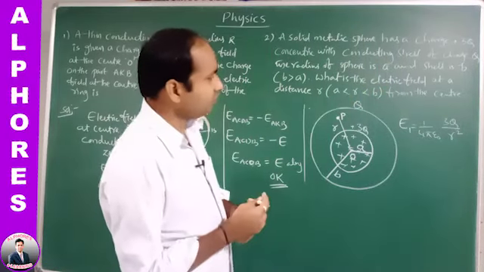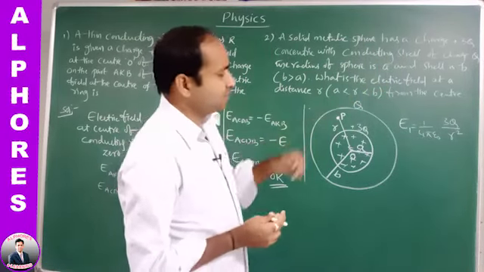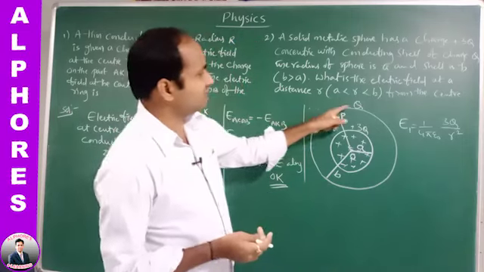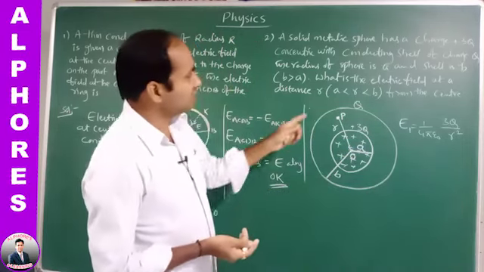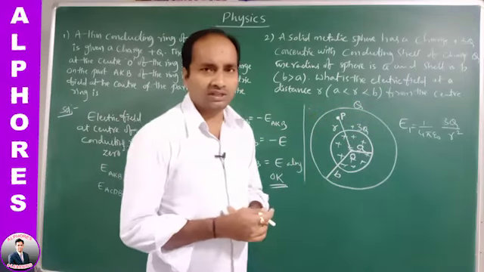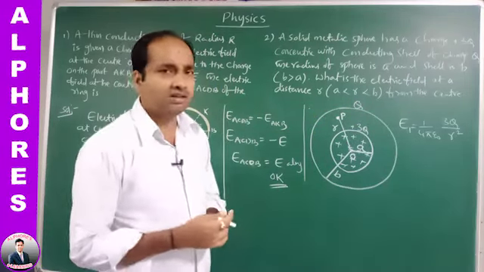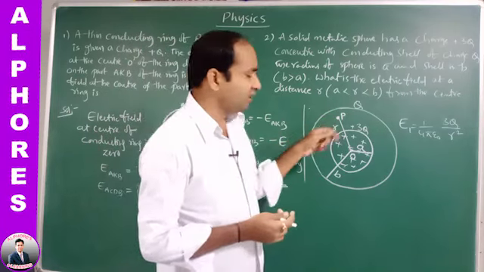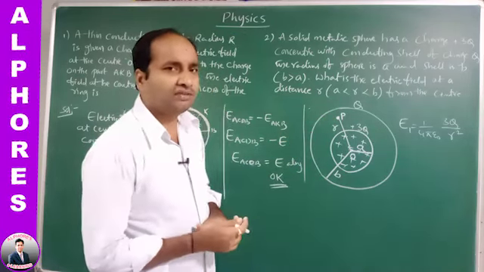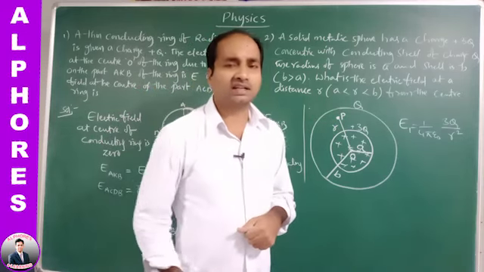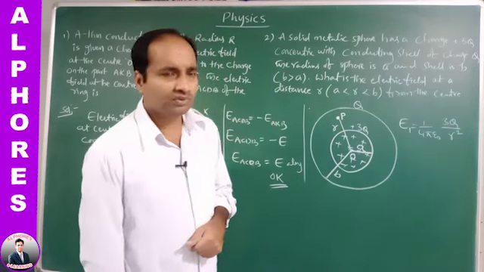Now, at this position we should consider the hollow sphere, the shell. The charge resides on the surface only. Whenever we are calculating the electric field, the electric field intensity at any point inside the conducting shell is 0.